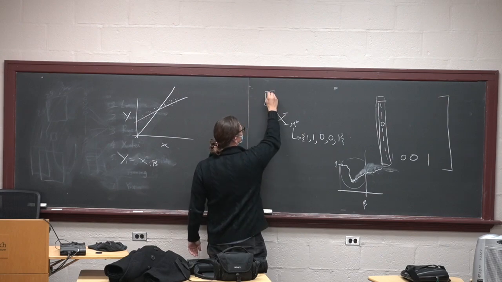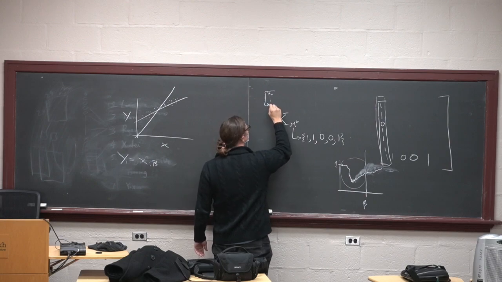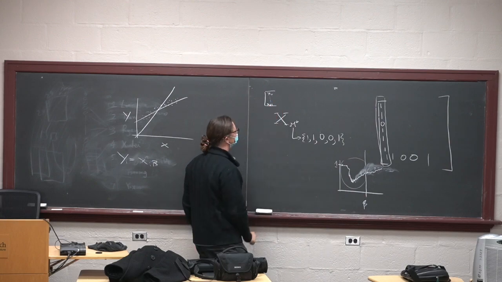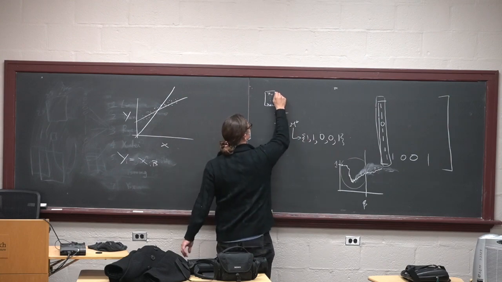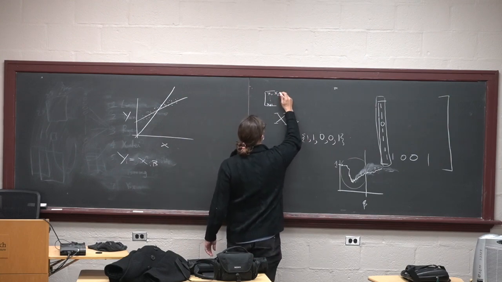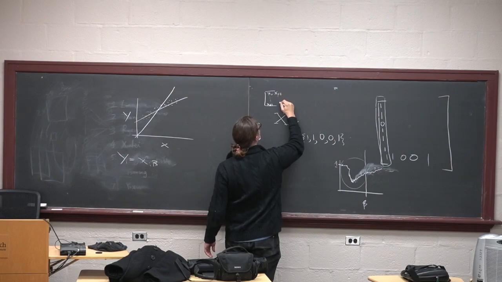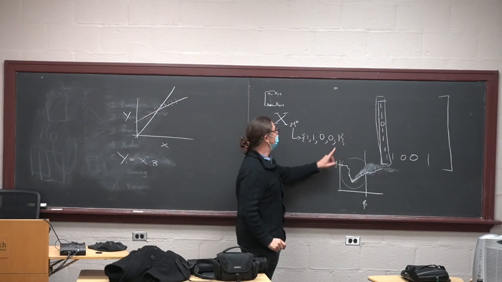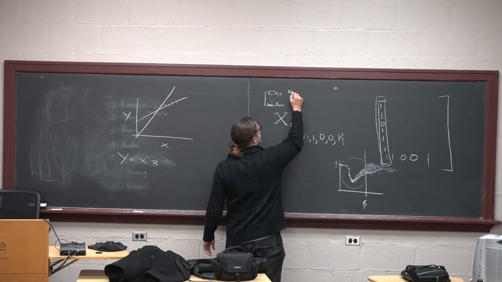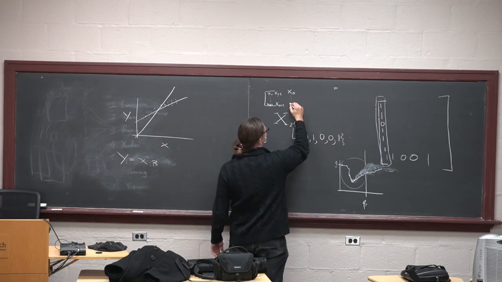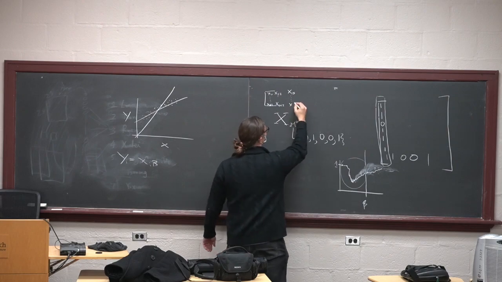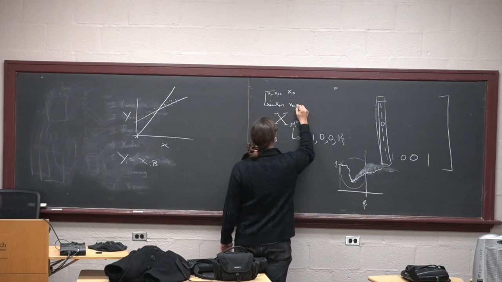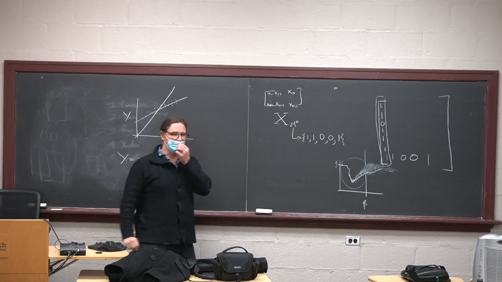It has my x11 down to xn1 right here, then x12 down to xn2, and then this last one right here, x15 down to xn5. So that would be my x right there.